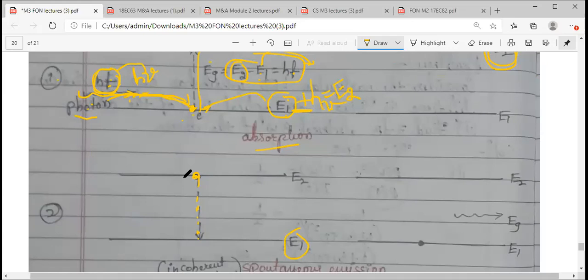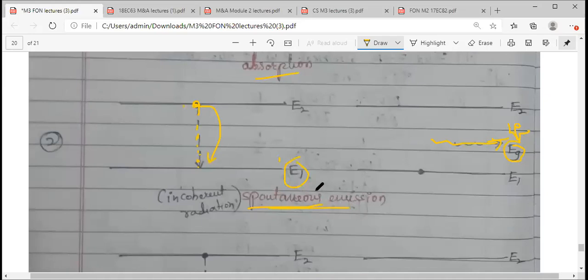And while doing so, since photonic absorption happened first, it has to release some energy, right? It cannot withhold it. So while doing this, some energy will be released, that is emission, and the amount is nothing but Eg, which is nothing but hf. The same amount of energy will be released. Whatever was absorbed is released, so energy is conserved. So this is your spontaneous emission.